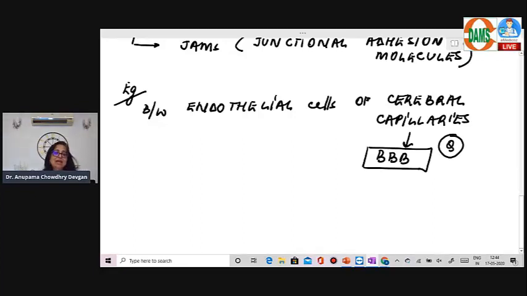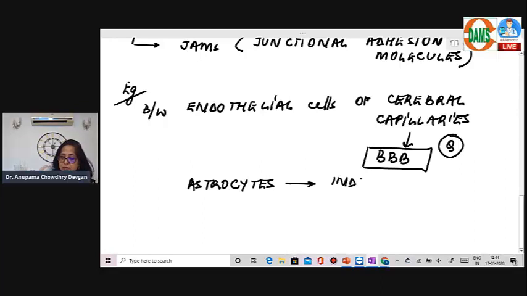Please remember, the tight junctions between the endothelial cells of cerebral capillaries are responsible for the blood-brain barrier. Astrocytes will induce the formation of tight junctions, but it is the tight junctions which are responsible for the blood-brain barrier. What is the role of the astrocytes?